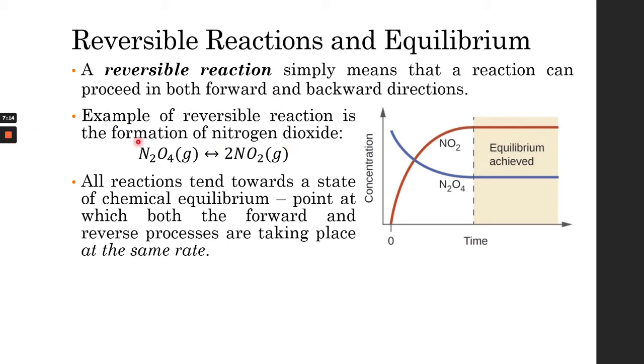Most of the chemical equations that you see something like this, they have a tendency to favor a situation wherein the rate of the production of the product and the rate of the product going back as reactant are basically equal.